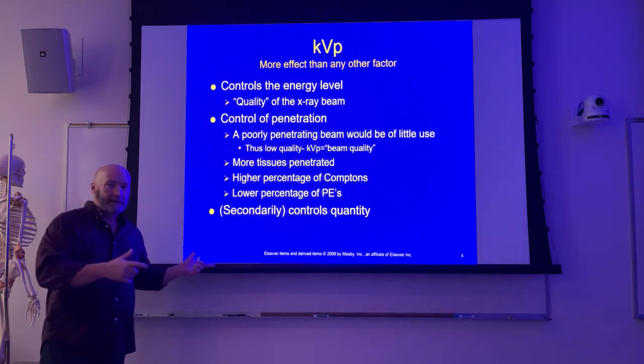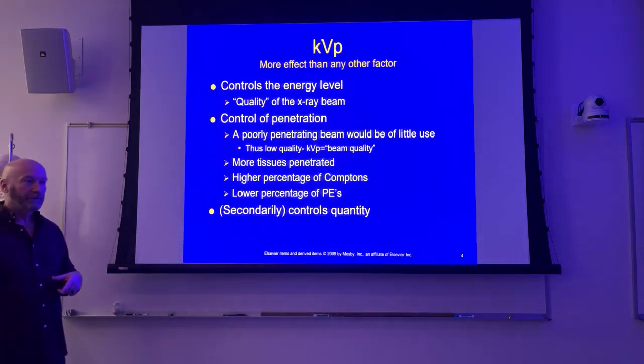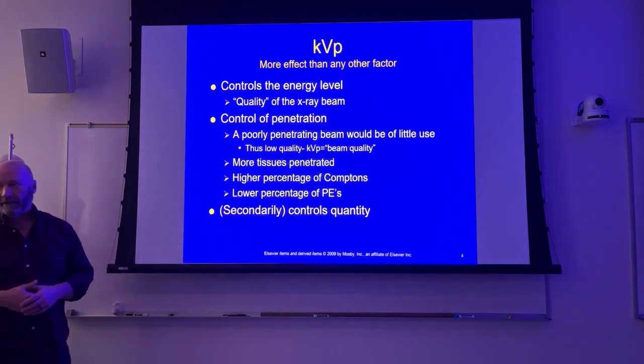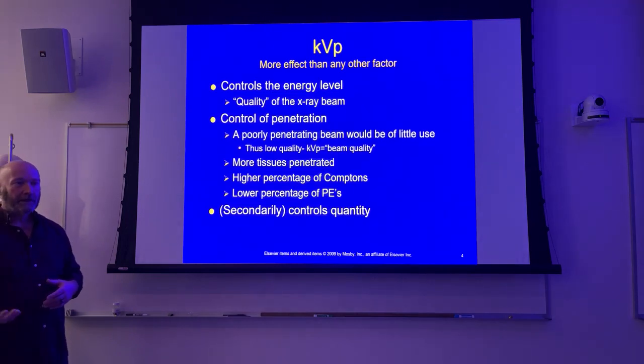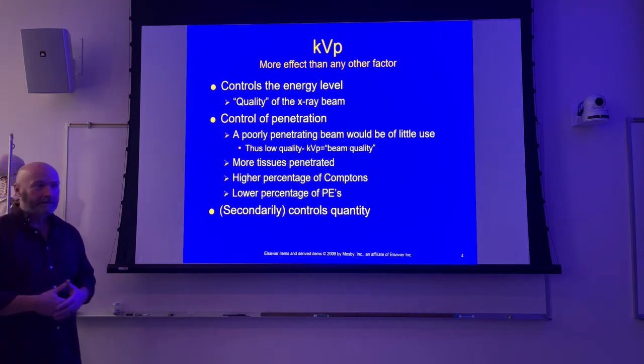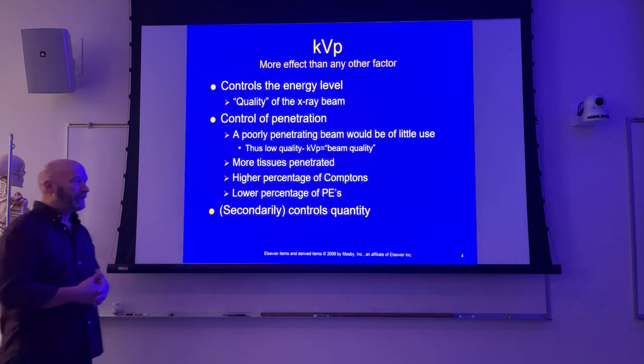So, back to an extreme case analogy, if we were to shoot an abdomen with 20 kVp, not much is going to get through that, right? If we increase to 40 kVp, not much is going to get through the bony structures. We increase to 60 kVp, you can get through the bony structures. You increase to 80 kVp, you can get through the really dense bony structures as well.